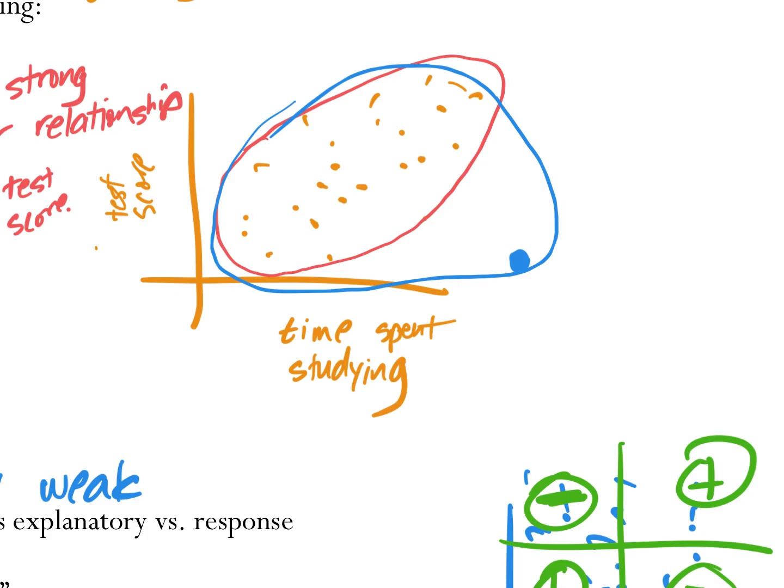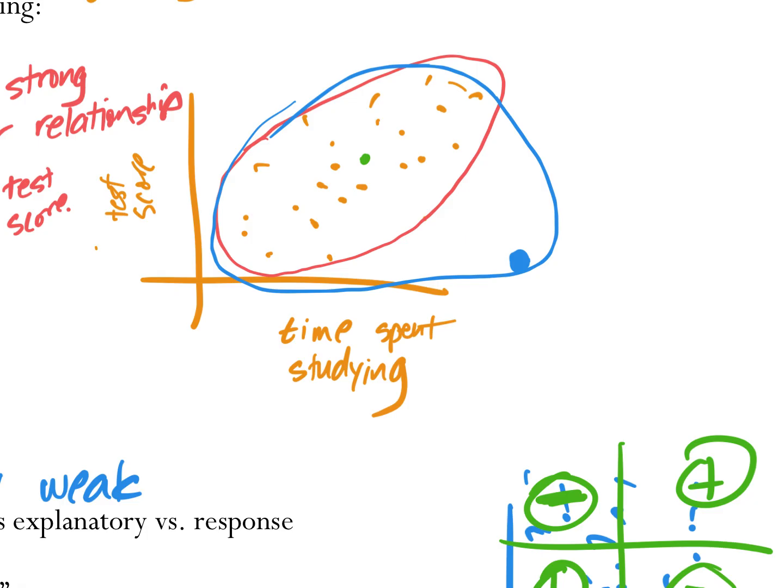So if the length to width ratio of that bubble changes, the correlation is getting either stronger or weaker. If it doesn't change, like if I had a point right here and I removed that green point, it doesn't change the red bubble whatsoever. So removing the green point does not change my correlation. Removing the blue point would, because it would change that bubble. Is that okay? So the closer it is to an oval, the stronger the correlation is.